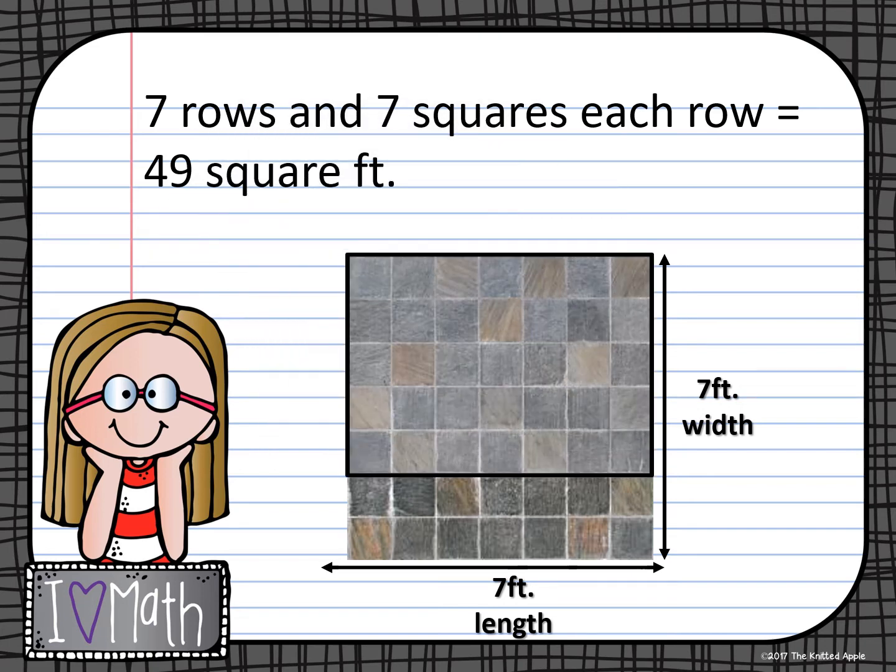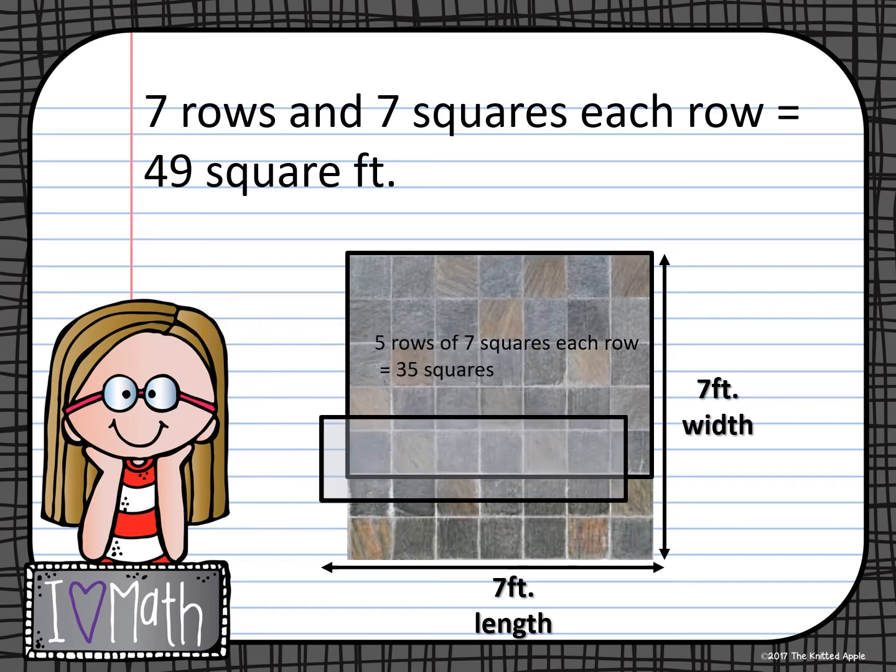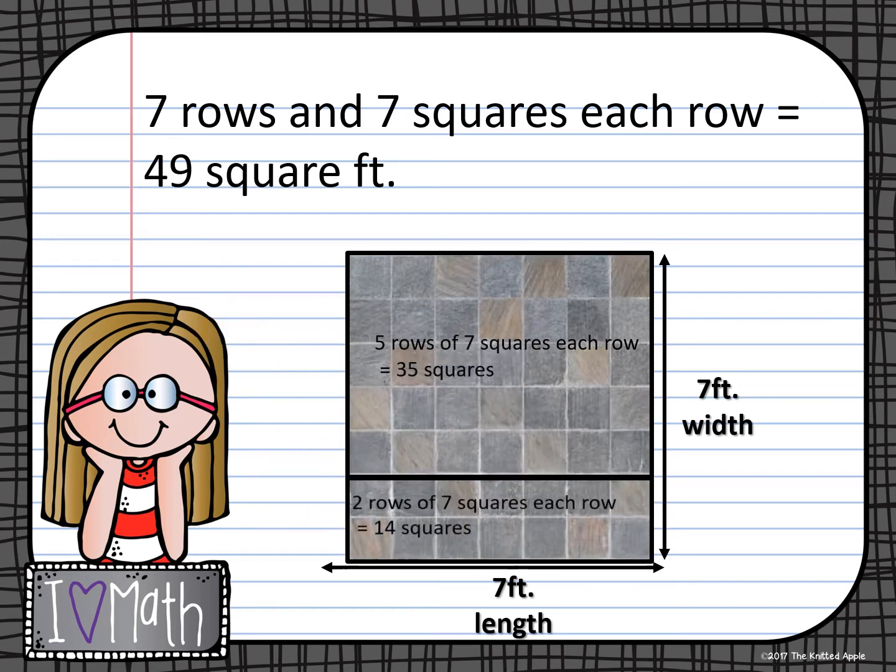Now, of course, we can break this apart into simpler arrays because not everybody knows right now what 7 times 7 is. Most people know what 7 times 5 is though. If I have 5 rows with 7 squares in each row, that gives me 35. And most people know what 2 times 7 is, which would be 2 rows with 7 squares in each row.